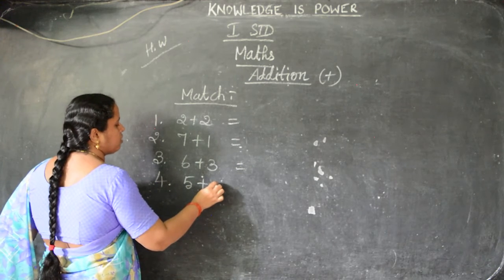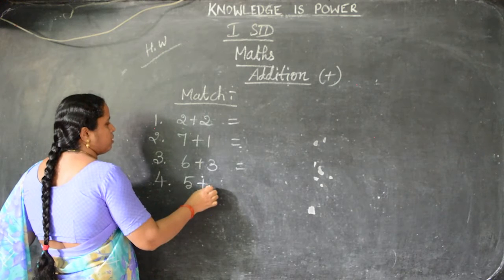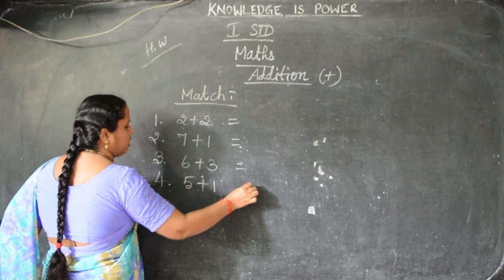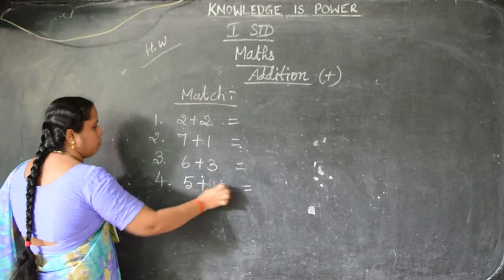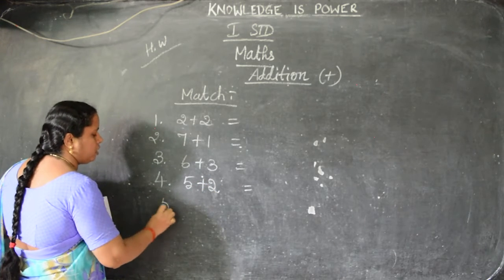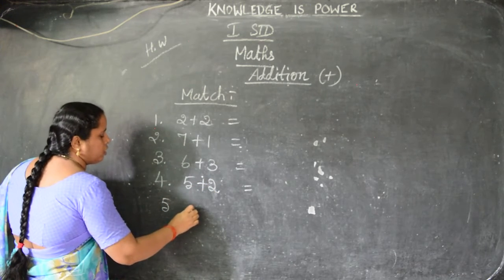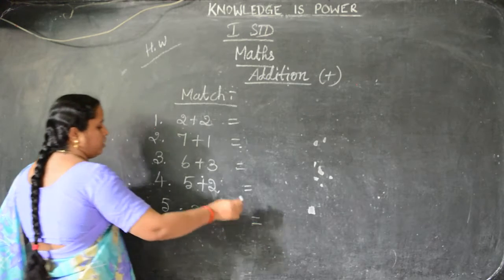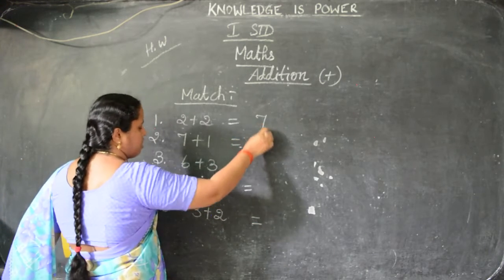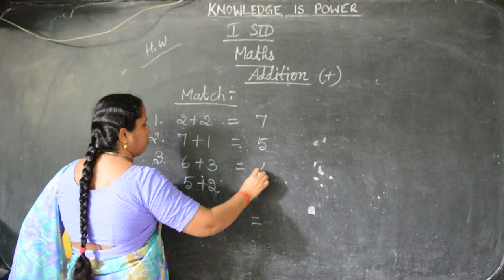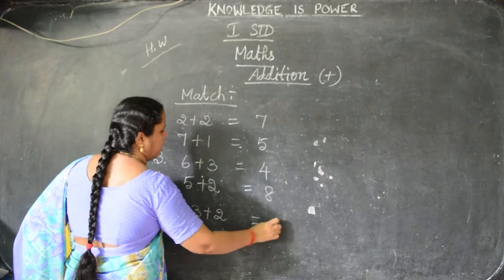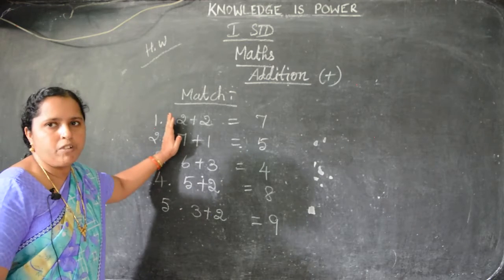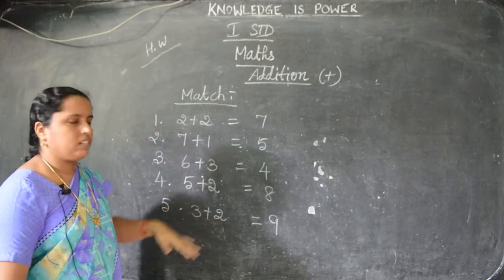Fourth one, 5 plus 1. 5 plus 2. And fifth one. 3 plus 2. 7, 5, 4, 8, 9. So this is homework. You should match.